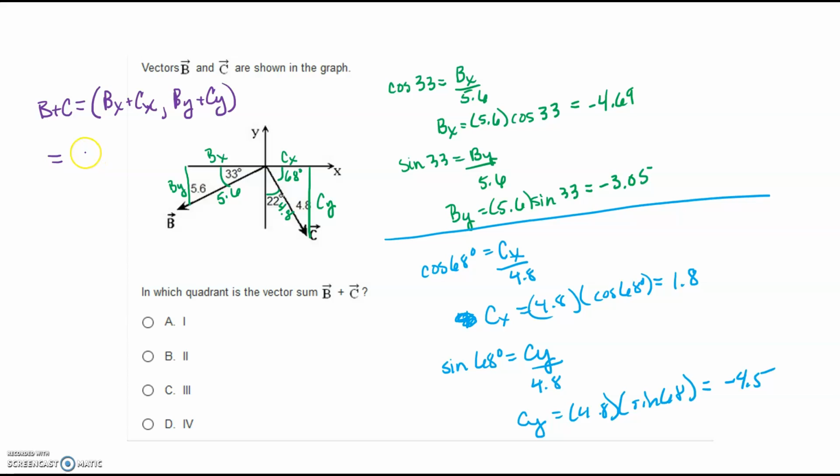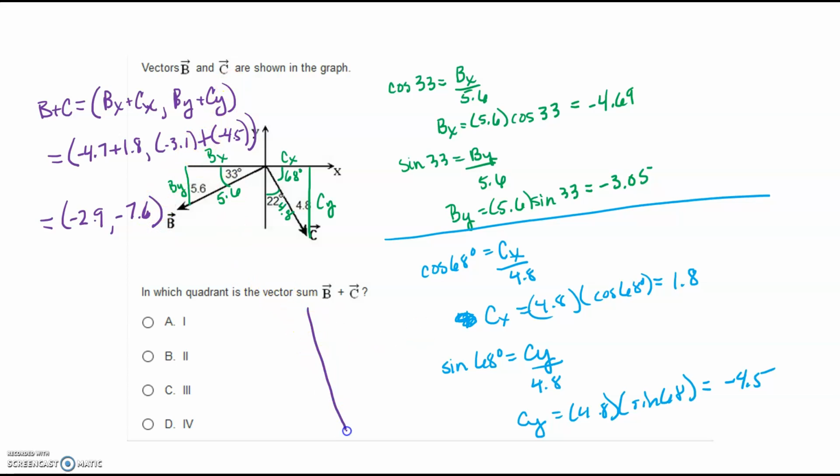So BX is, I put negative 4.7 plus 1.8, and BY is negative 3.1 plus negative 4.5. Okay, and I got as my resultant, or sum, negative 2.9 and negative 7.6.